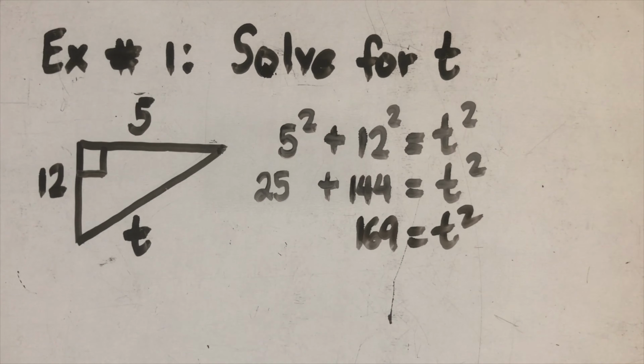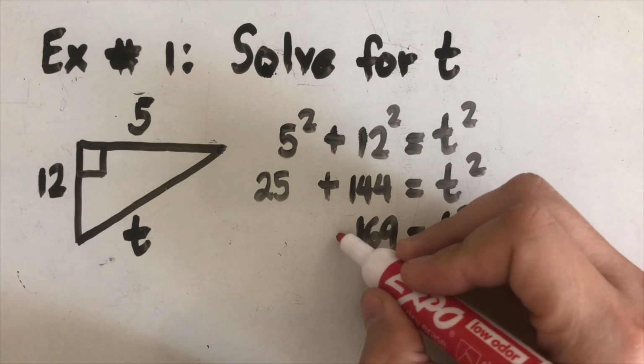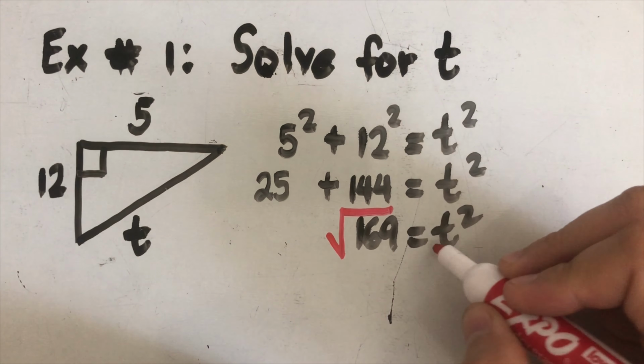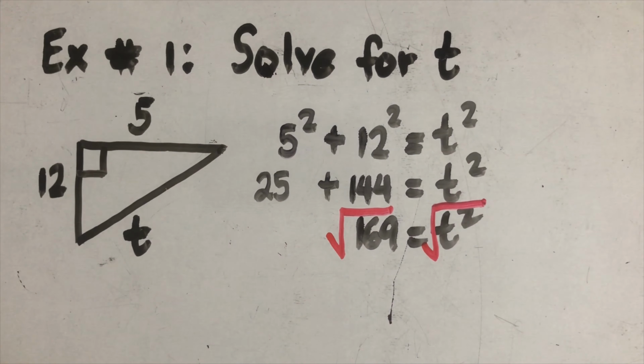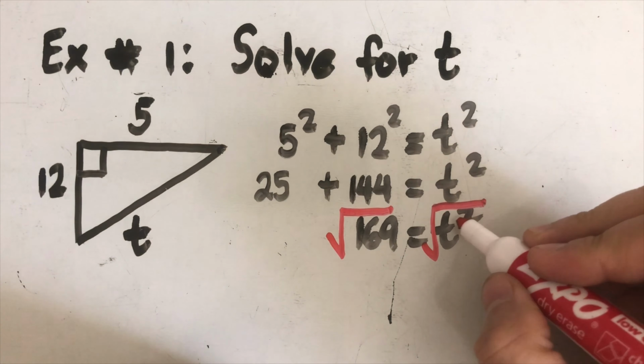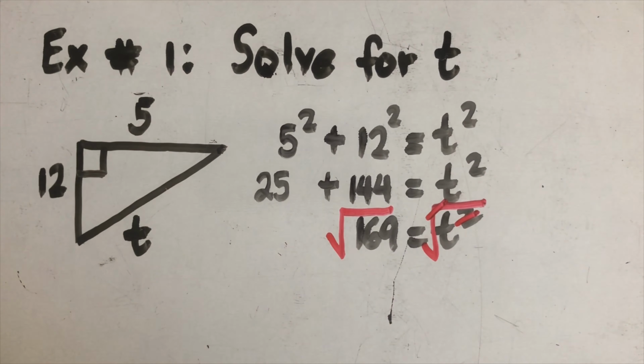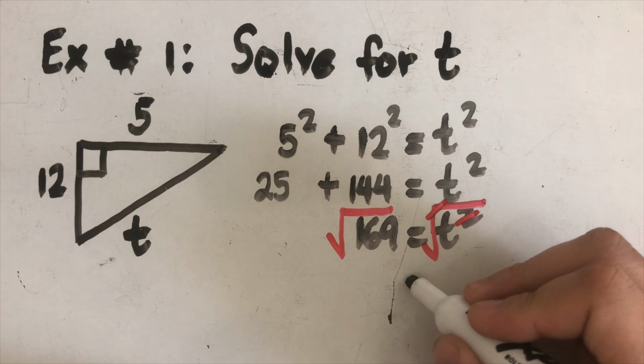Now the problem is we want only t, we don't want the t squared. So in order to get rid of the square, we are going to square root both sides. If you square root the t squared, the square and the square root will go away, and we are left with just the letter t.